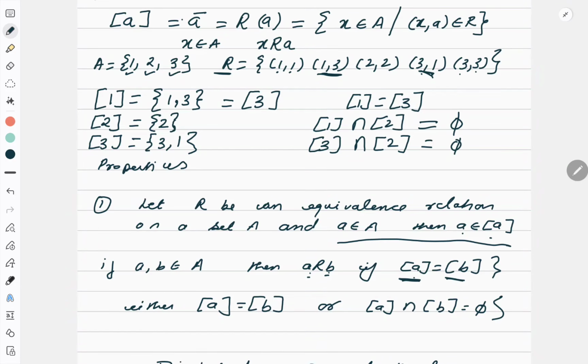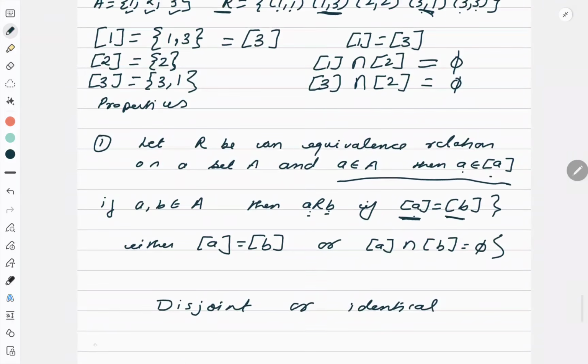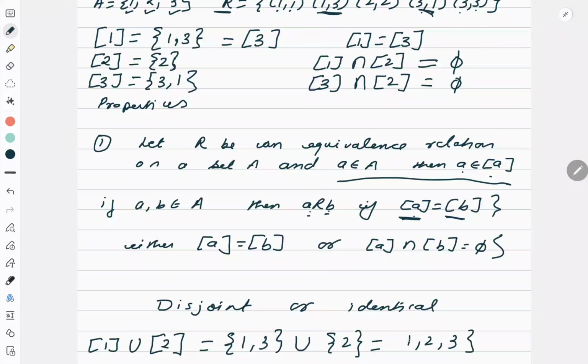So now, keeping this in mind, I'll go back up and I can observe one thing over here: 1 and 3 are the same, 1 and 2 are different. If I take the union of the equivalence classes of 1 and 2, as they are different, I'll get {1,3} union {2}, which is equal to {1,2,3}, and which is nothing but the set A. So if I find the partition of any particular set, then the union of all the parts gives me the set.